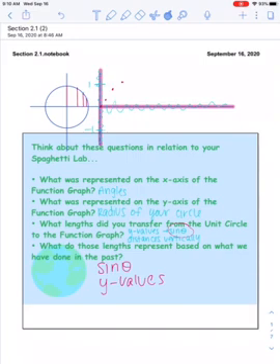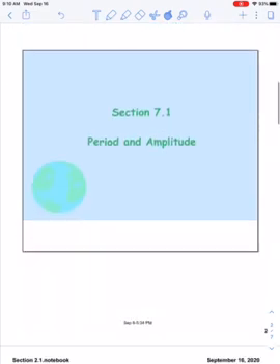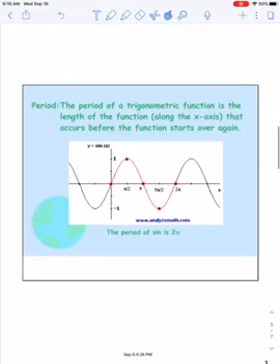We're just going to put some vocab to all of this today. Nothing really too complicated, just some words we're going to need to know and be able to use in the future. Period and amplitude. So period is the length of your function all across the x-axis before it starts over again.